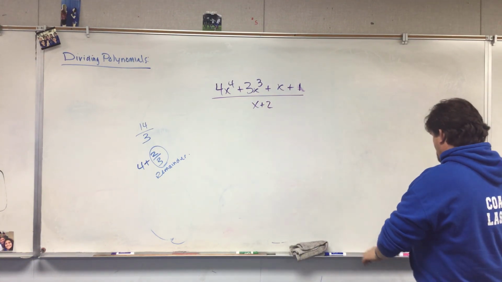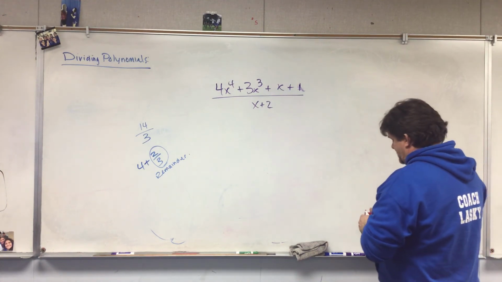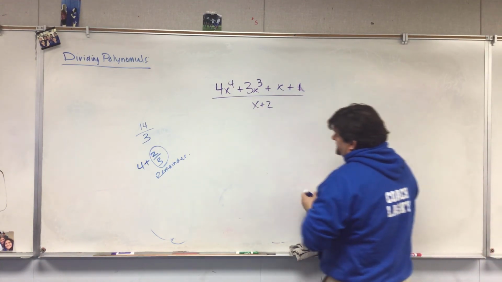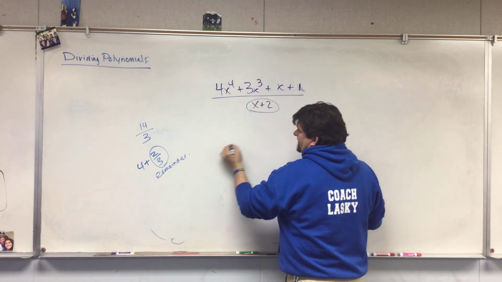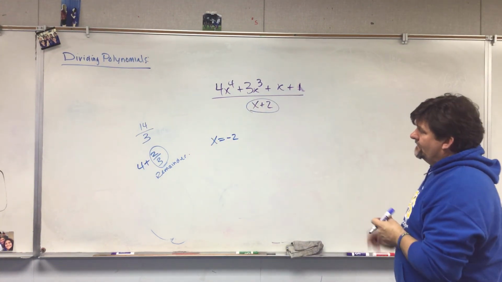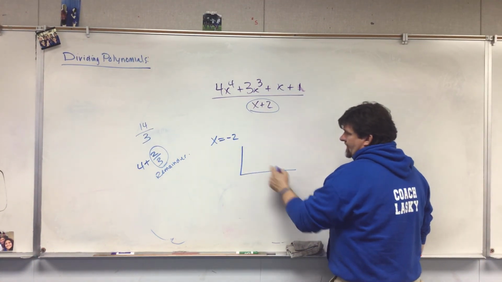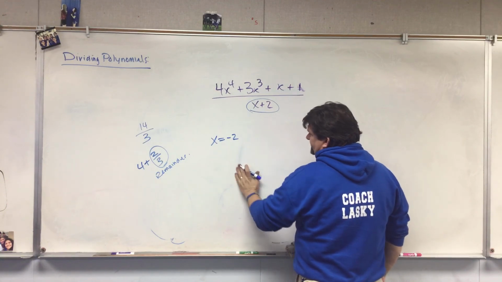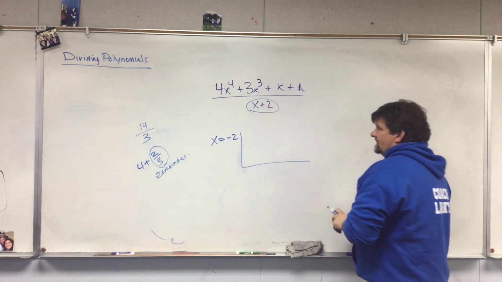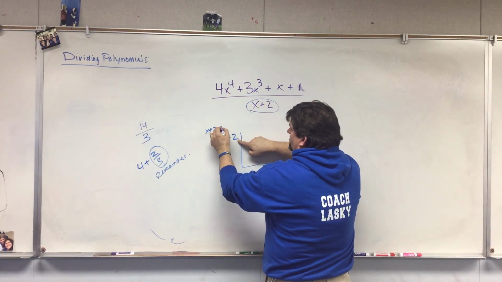All right, guys. What I want you to notice is a couple of things. First thing we always do is we take the denominator, x equals negative 2. And then that negative 2 is what I'm going to be dividing by, so I can just write it like this. And remember, I got this negative 2 by saying x plus 2 equals 0.